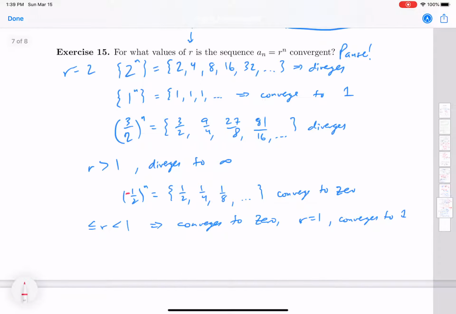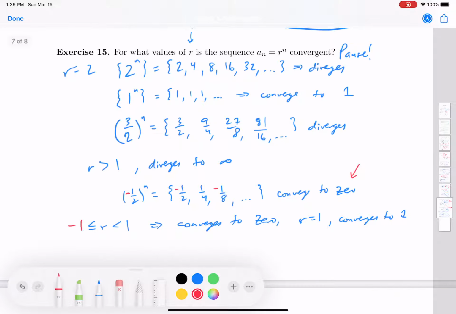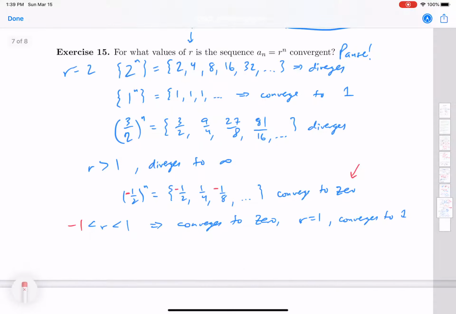If this was a negative 1/2, I'd start with a negative 1/2, then I get 1/4, then negative 1/8. It would bounce back and forth, negative to positive, but it would still converge to 0. It would just come from both the negative and the positive side. So I'm going to put a negative 1 on this other end here, and all of those are going to converge to 0.